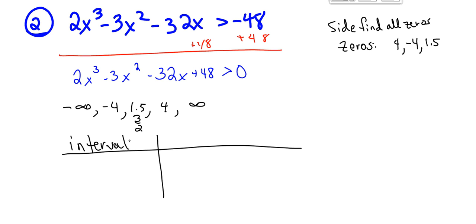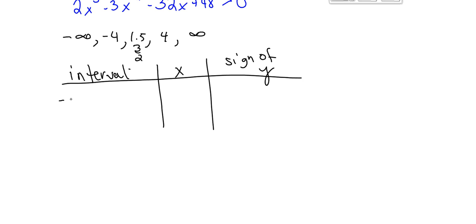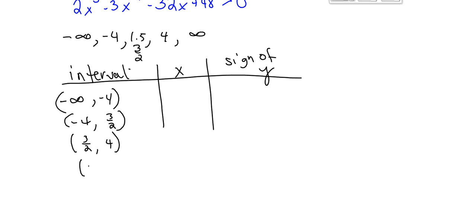I'm going to pick x values, and I'm just going to say the sign of y as we go through. So my intervals are going to be from negative infinity to -4, -4 to 3 halves, 3 halves to 4, 4 to infinity.